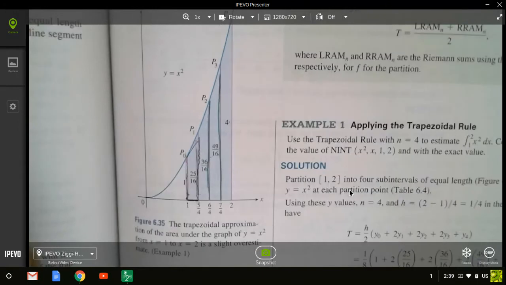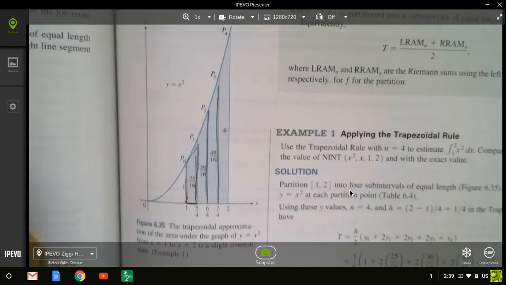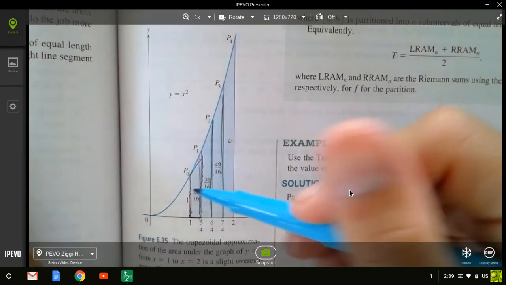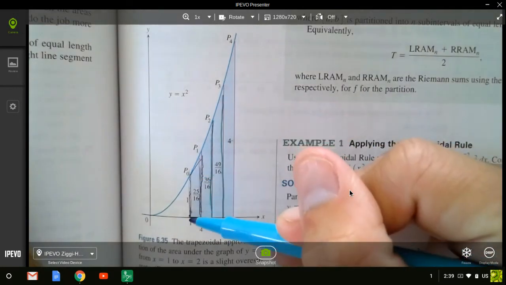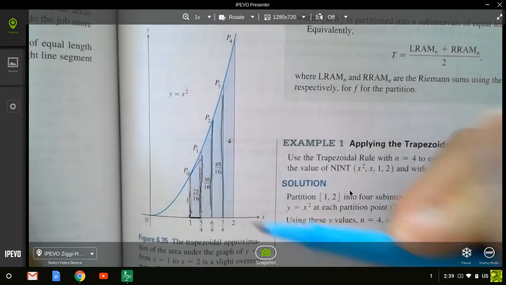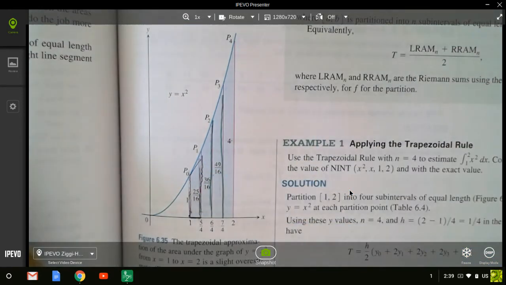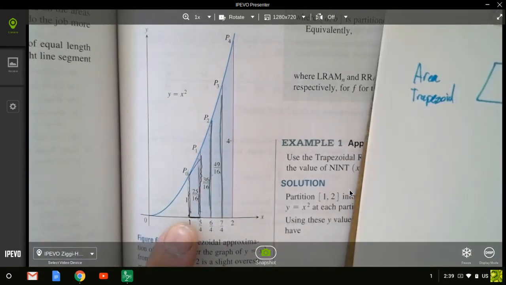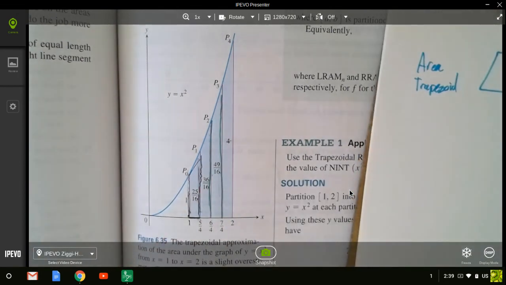The height is 1/4 for this length, and this length is 25/16. Based on what we have here, what is the area for that first trapezoid?